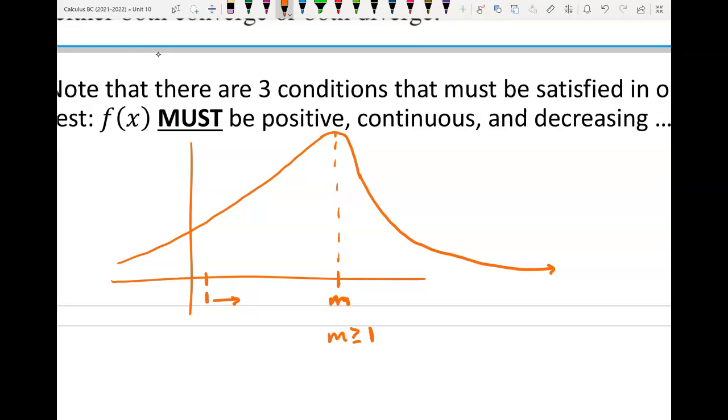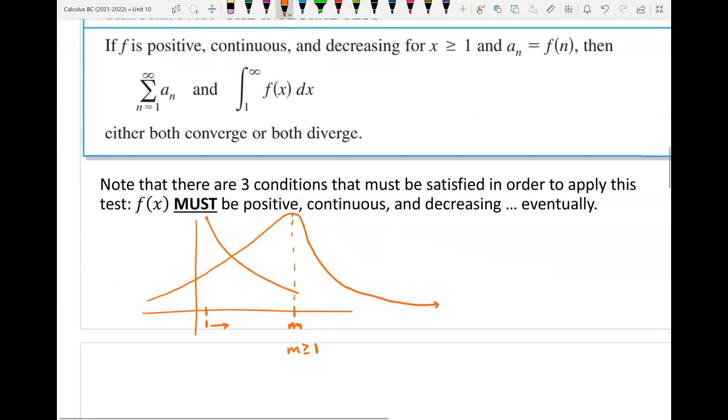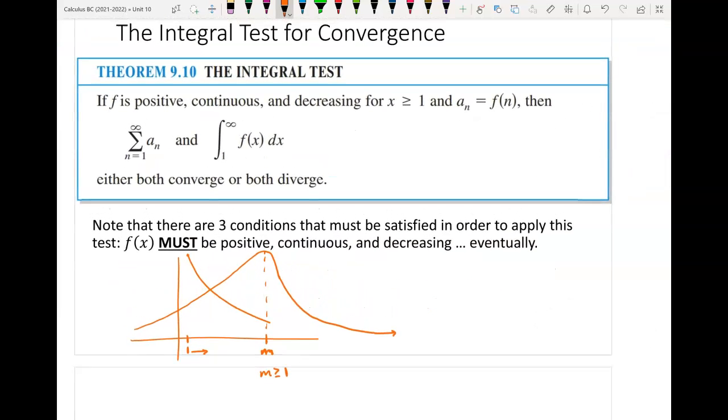So it doesn't have to be that we are decreasing from 1 on. It just has to be that we are decreasing from some point greater than 1 and onward. Okay? So that's why I'm saying that it has to be decreasing eventually, and it needs to be decreasing from that point forward. Why does the theorem write it as if that's the way they wrote it.